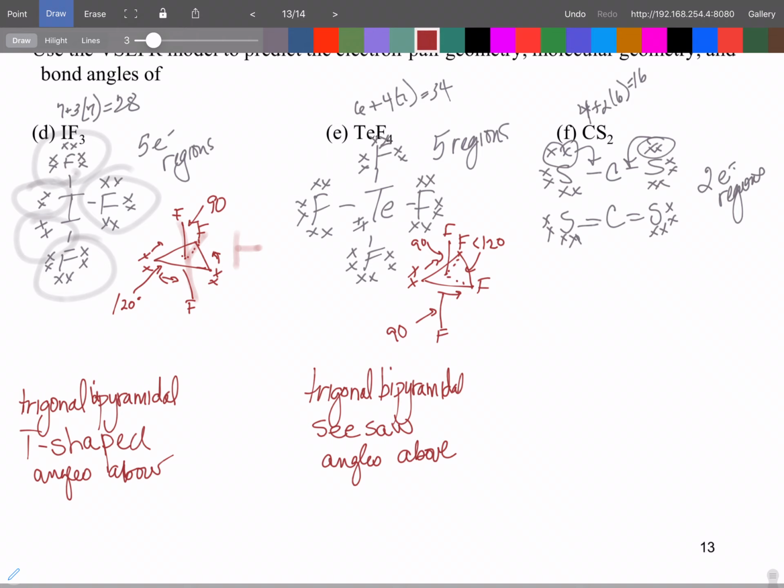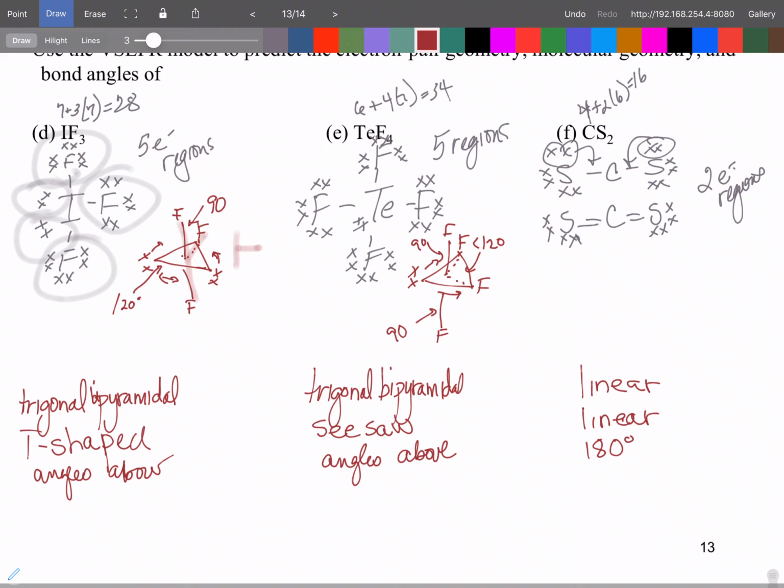So if that's the case, electronically, we're linear. Molecularly, we're linear as well. And here's the real kicker. If you're linear, your angles are 180, and you can't move 180. So on this one, we're good to go.